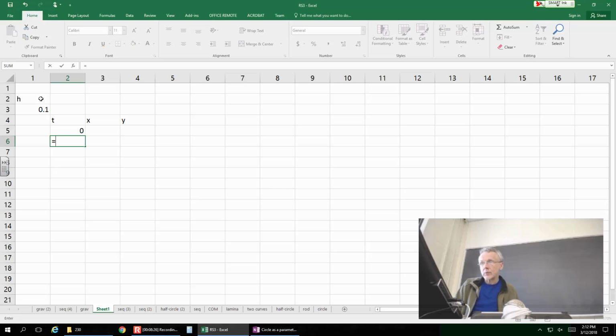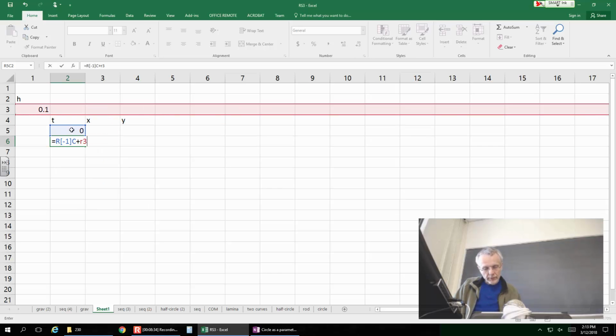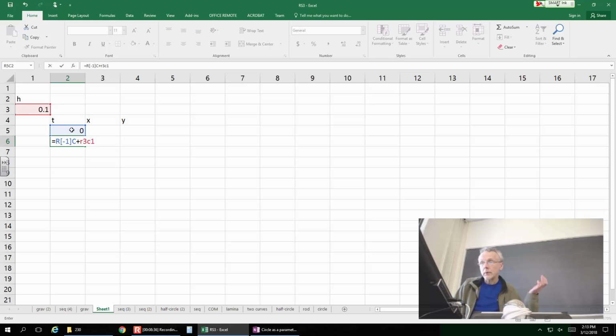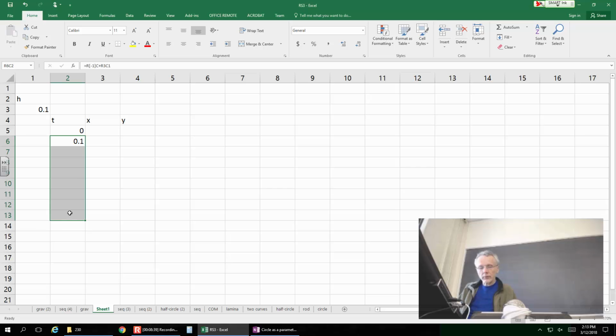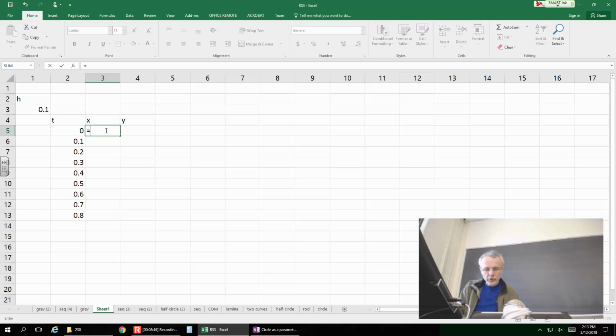This one is equal to the previous plus h, so each time we'll add 0.1. Now Excel has all the trig functions, so x will be cosine of this value of t.